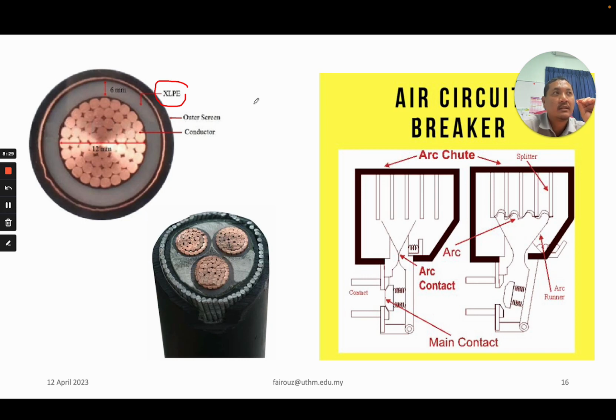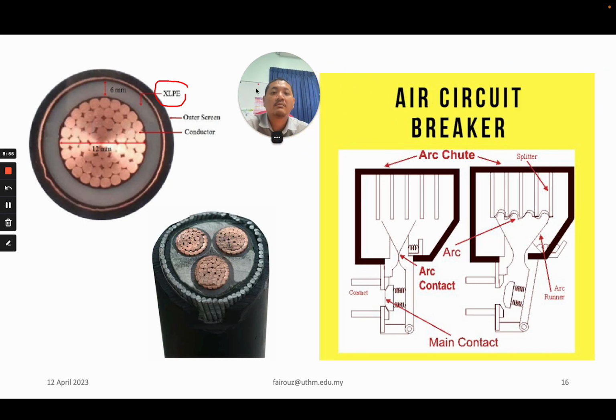It is slightly flexible, so it is good for the application in underground cable, because we do need to bend the conductor or the cable a bit. So we use XLPE, or cross-linked polyethylene material, for underground cable.